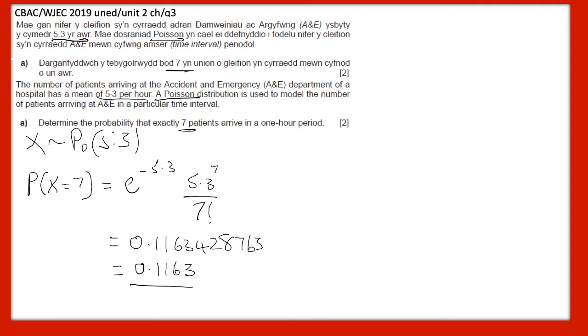If you're going to use your trusty calculator, then it is menu 7, downward arrow, Poisson PD, variable, and you're going to use x equals 7, lambda equals 5.3.